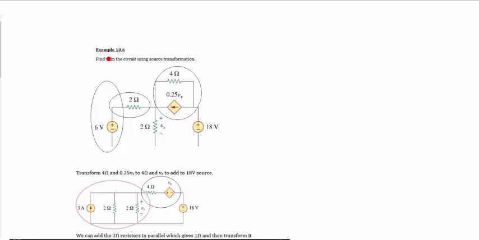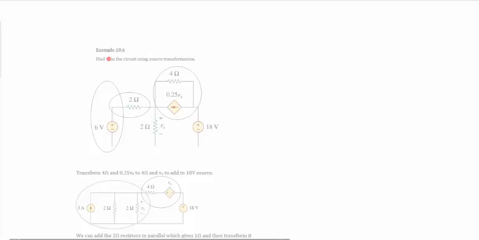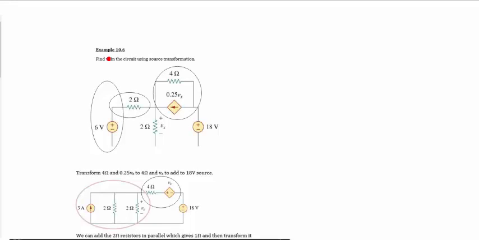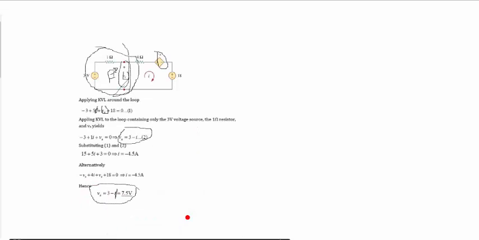Note that in exams, if you are asked to solve questions using source transformation, please use source transformation. If not, you are heavily penalized. There can be instances where you also get 0. So this is all for source transformation.